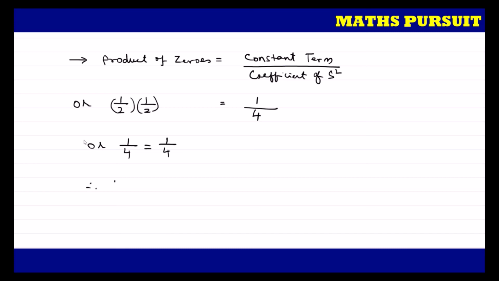Therefore left hand side is equal to right hand side. Hence this is also verified. How? Because for left hand side we got 1 upon 4 and for right hand side we also got 1 upon 4. Therefore left hand side is equal to right hand side. So this is also verified.